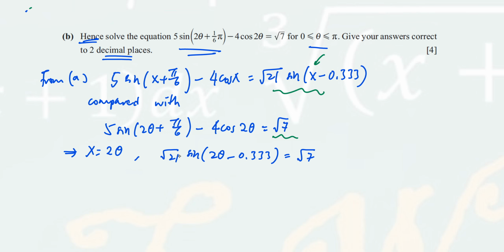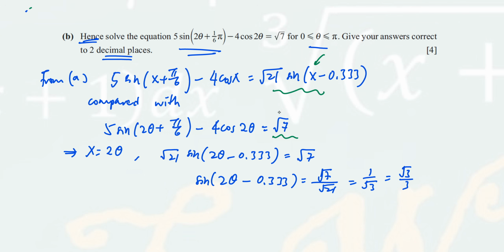The square root 21 moves to the right side. So sine 2 theta minus 0.333 equals root 7 over square root 21. That will be 1 over square root 3. 1 over square root 3 is the same as square root 3 over 3.